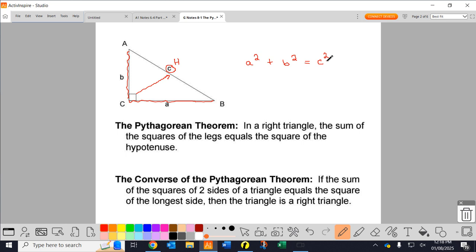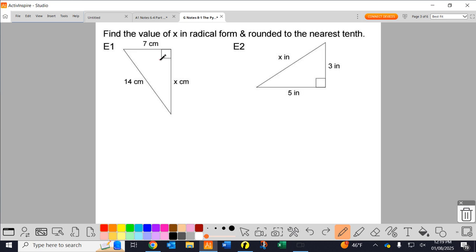So here's how we're going to use this. When you see a picture like this, you're going to need to identify first the hypotenuse. The first thing we're going to do is draw that line across and circle that. That is going to be the one that goes last every time. That's the c every time. So we're going to write it as 7 squared plus x squared equals 14 squared. Again, the hypotenuse has to go last.